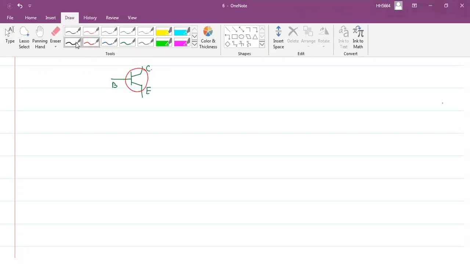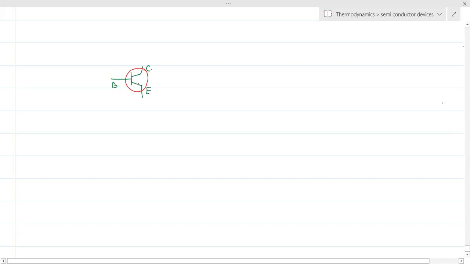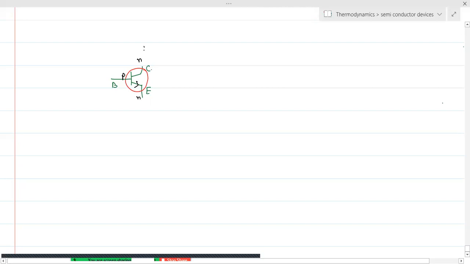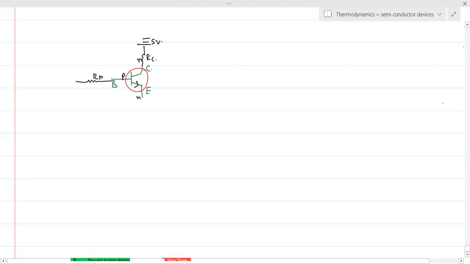We are taking an arrow like this. This is P to N. Arrow always represents P to N, so you are taking an NPN transistor. The collector is connected to some load resistance RC and it is given some positive potential. And the base is connected to a resistor, let us say RB, and this is point A.